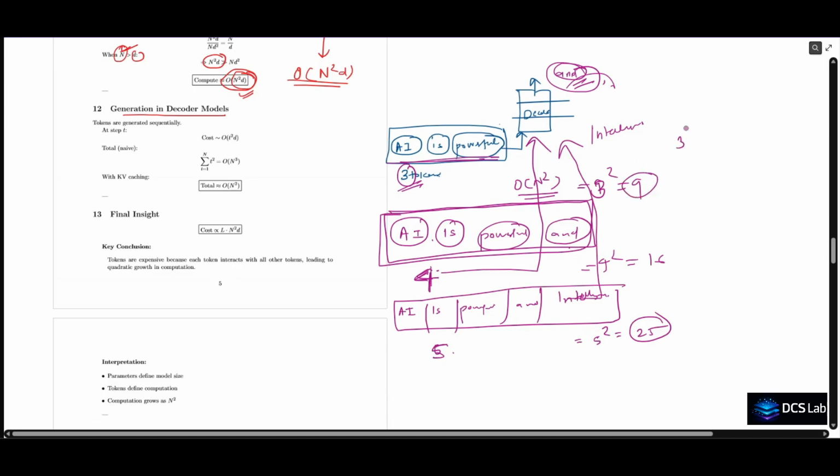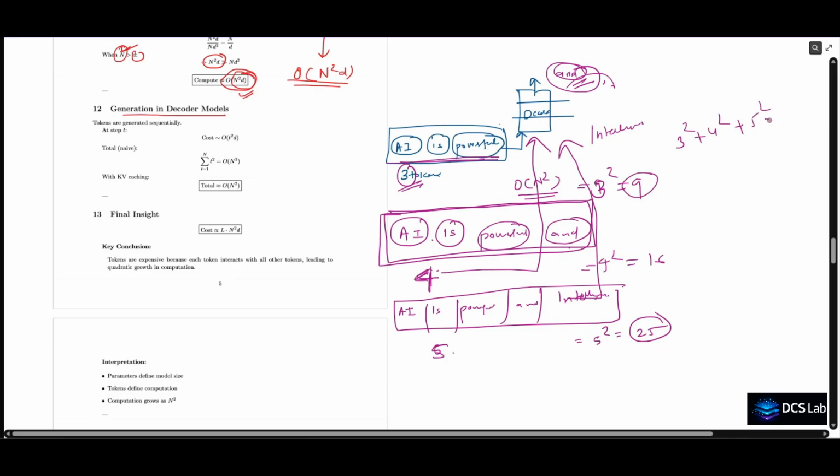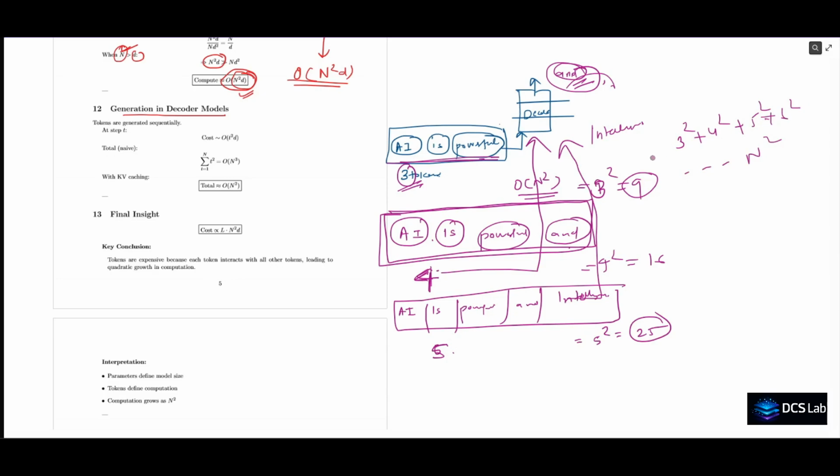Say I had 3 square plus 4 square plus 5 square, isn't it? Likewise, if you keep on predicting, it will keep on exploding. So it's like going till n square, right? If you see this series, the summation of this will lead to an order of n cube terms.